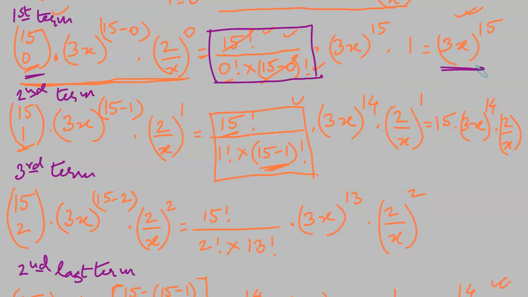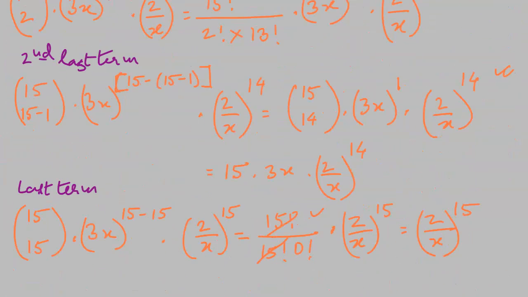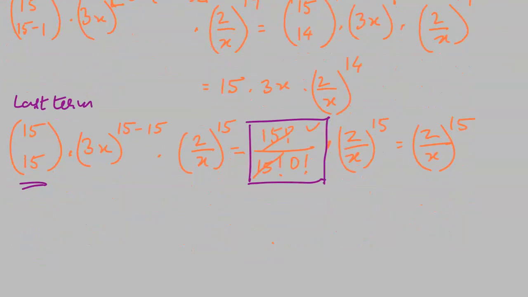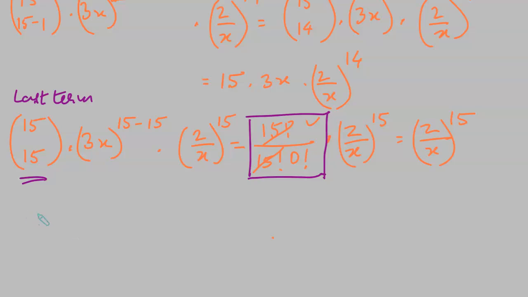So that is how we had come to only 3x raised to the power of 15. And see the last term, 15C15. This is also equal to 1. And this is true for every value of n. You can remember this, NC0 is equal to NCn is equal to 1. Okay. Whatever may be the value of n, NC0 equal to NCn is equal to 1.